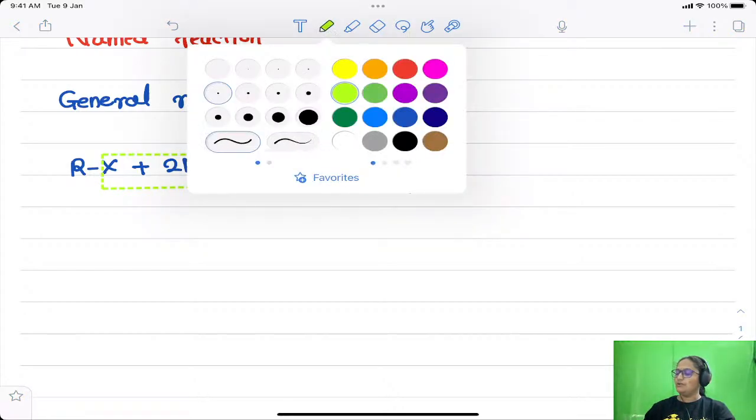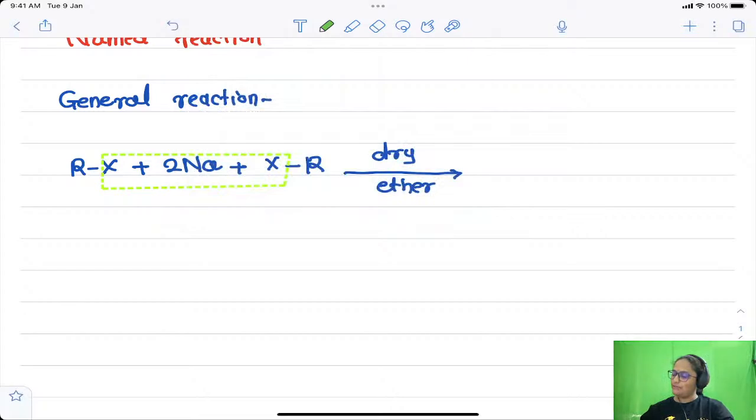So there will be a byproduct, which is 2 molecules of NaX, that is sodium halide, and simply you have to join the 2 R to each other. R is nothing but the alkyl group. This is how we get the product of this reaction.